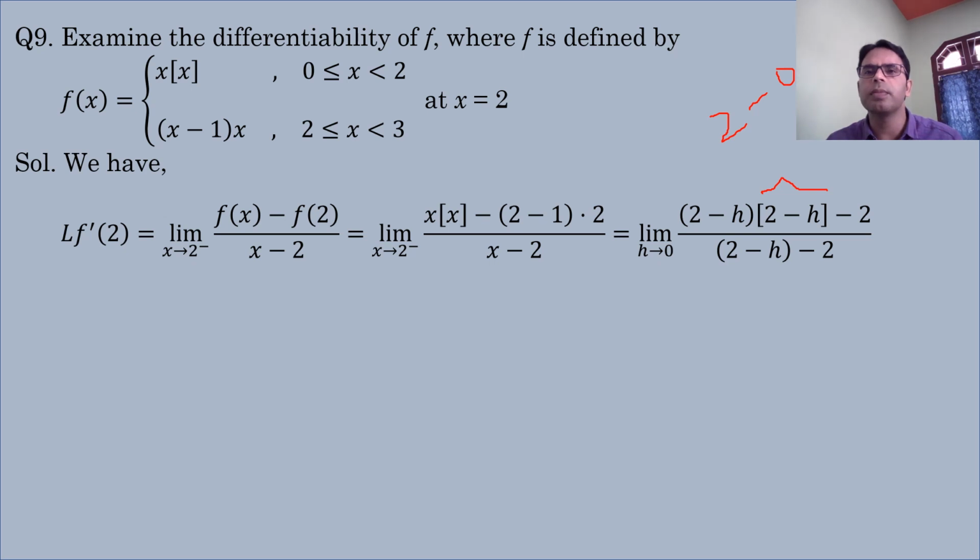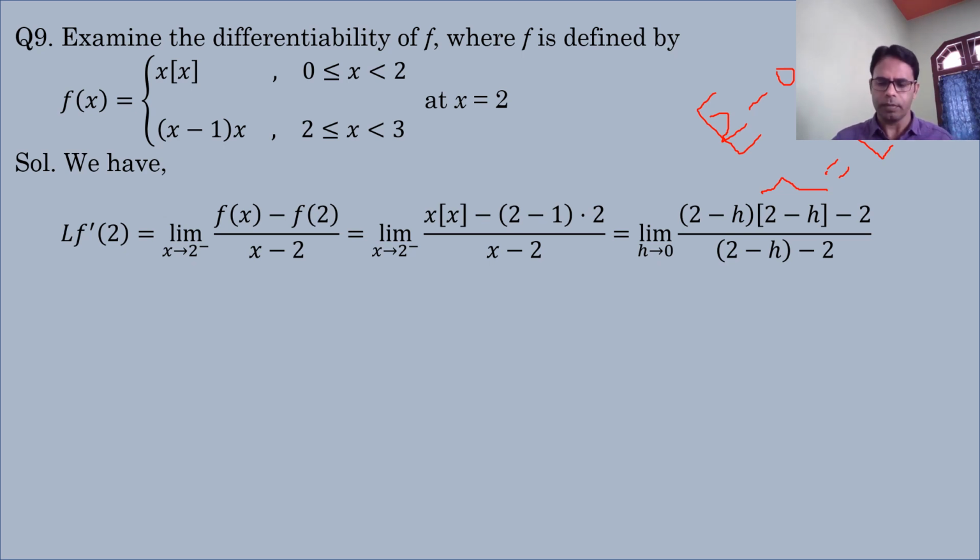Let us consider the small number as 0 point, some huge number of zeros after the decimal point, then 1. So 2 minus 0.00000 then 1 gives 1.999 and so on. The greatest integer of 1.9999 will be equal to simply 1, is it not?